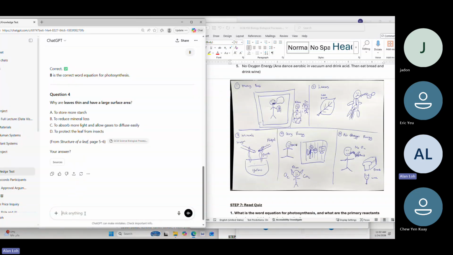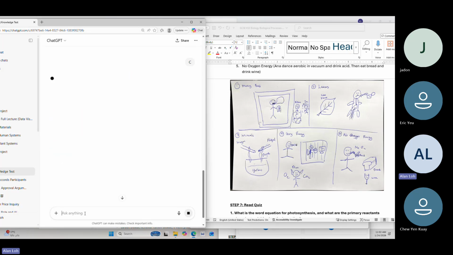Which drawer, which answer? Question 4. So this is drawer 2, and it is C. Anyone object? Next. Jaden.